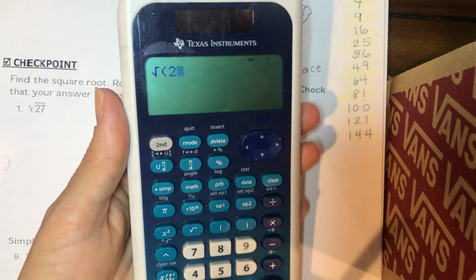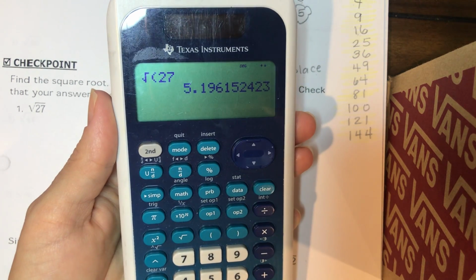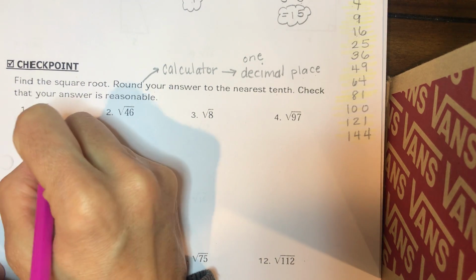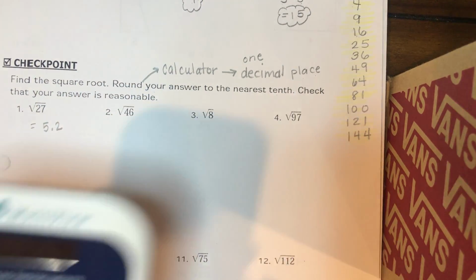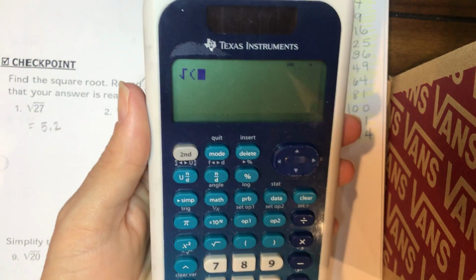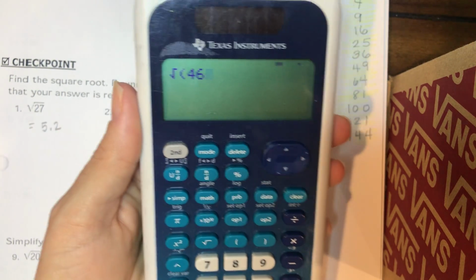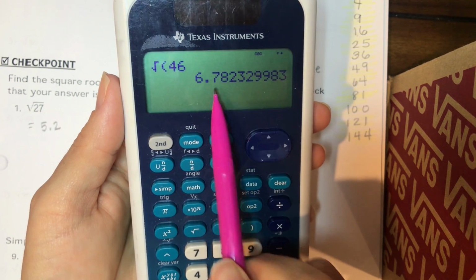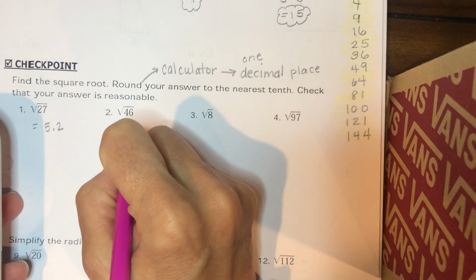The square root of 27 is 5.2. Square root of 46 is 6.8. We're rounding up. 6.8.